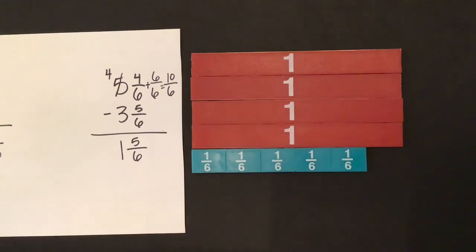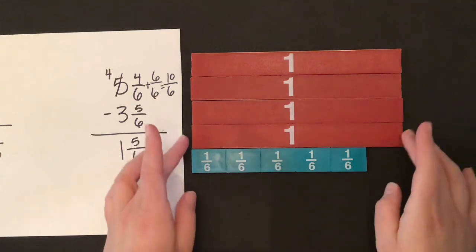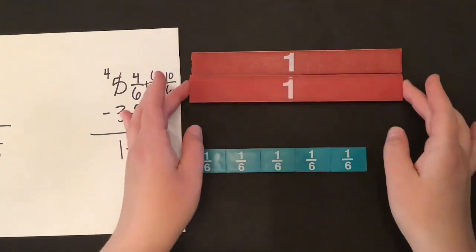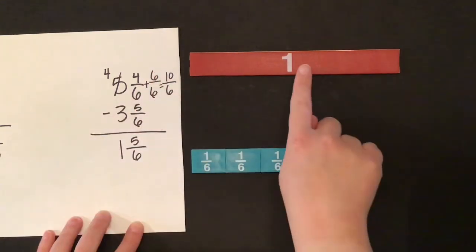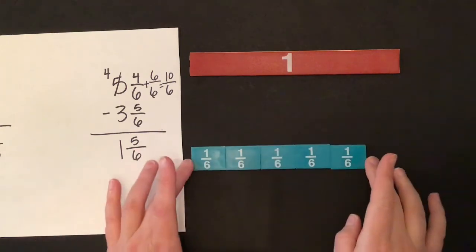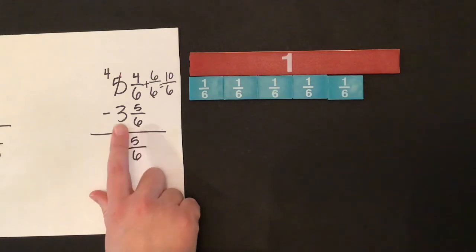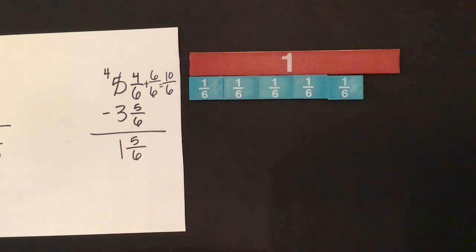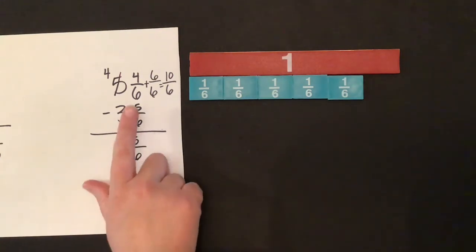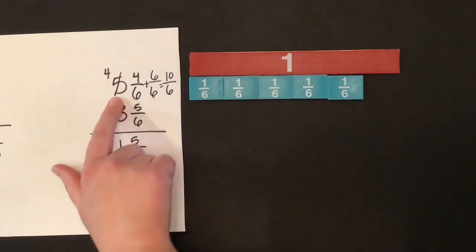We have 4 wholes and we take away 3 wholes. We're left with 1 whole. This is just like subtracting whole numbers. When there's more on the floor, we go next door and we get some more. So we regroup.